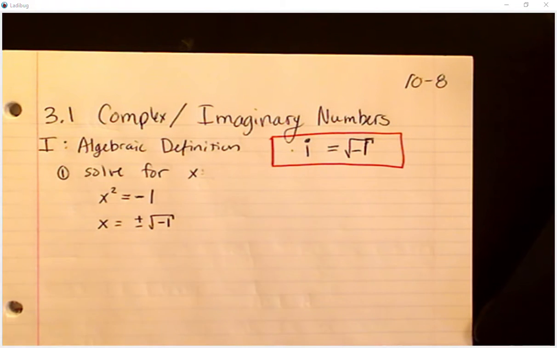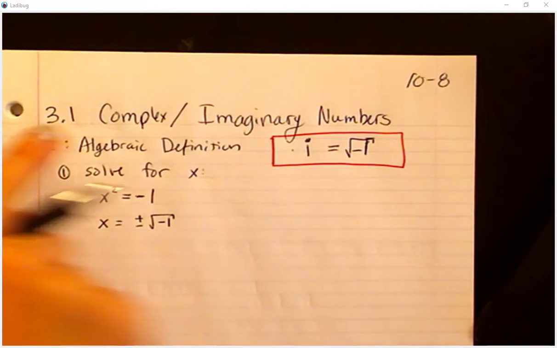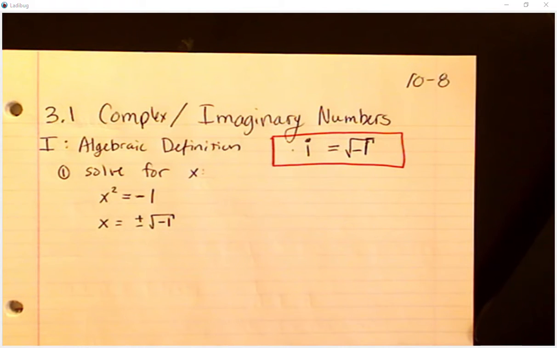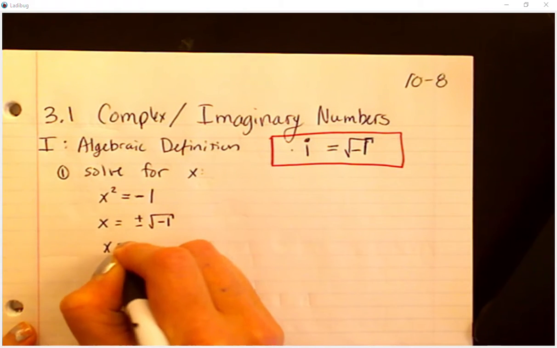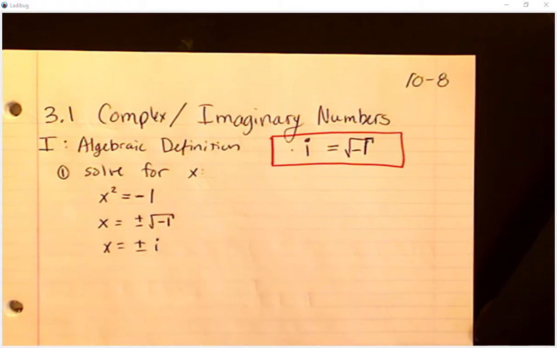So now we need to figure out, how do I do a solution with the square root of a negative number? Well, we define a new number. This is an algebraic definition. Instead of writing square root of -1, we write i. It's like a substitution. All i is a shorter, simpler way to write square root -1. That's it.